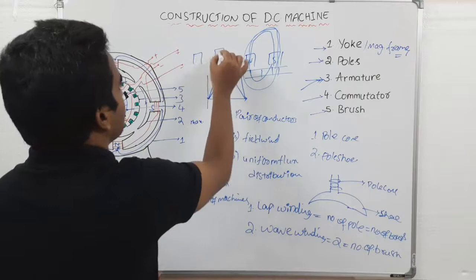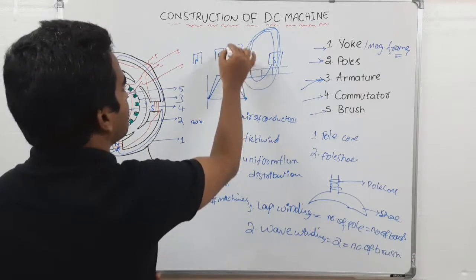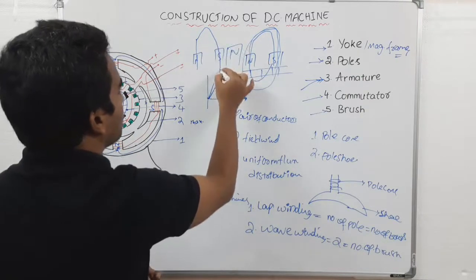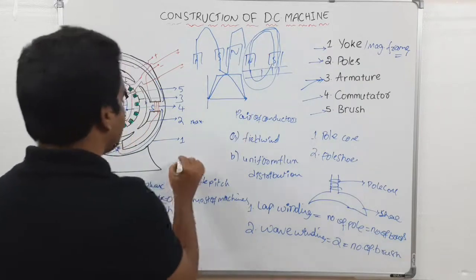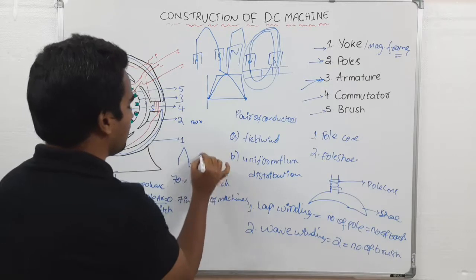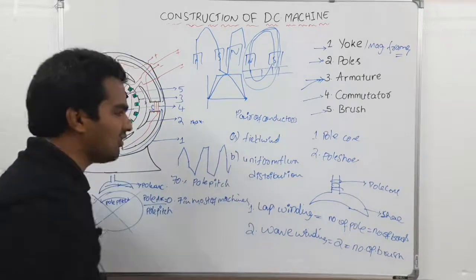Suppose the winding is just like this, it is called wave winding.